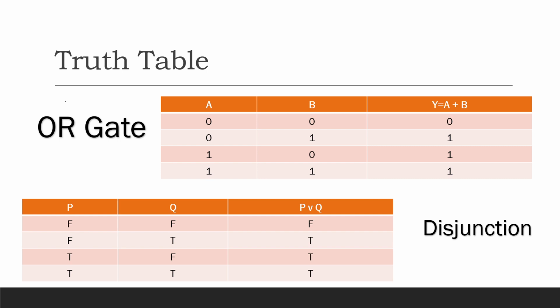There is not much difference. Only 0 and 1 are represented by true or false, or T and F. Everything else remains the same. So the upper example is applicable to the second one also. Nothing will change. So we'll look at the first one, that is the OR gate.